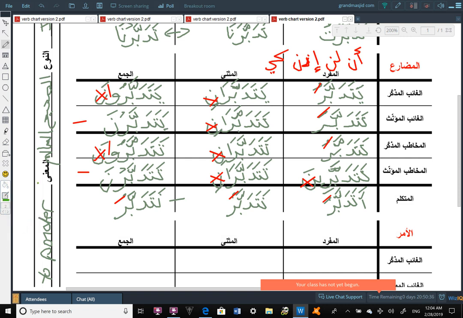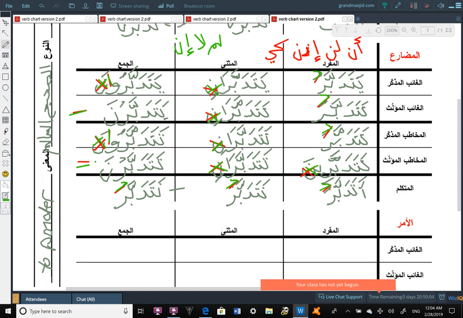If we put in front of them lam, la of nahiya, the prohibition, or in, then they become majzum with a sukoon, or by dropping the noon, which was originally the sign of marfu', except these have the noon of niswa, not the noon of marfu'. That's your present tense, fi'l mudari'.